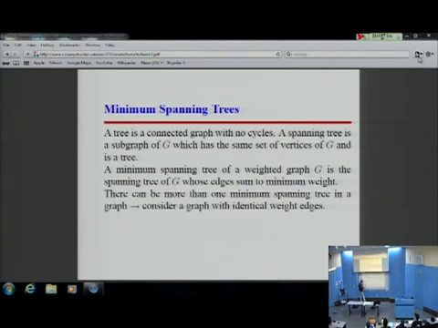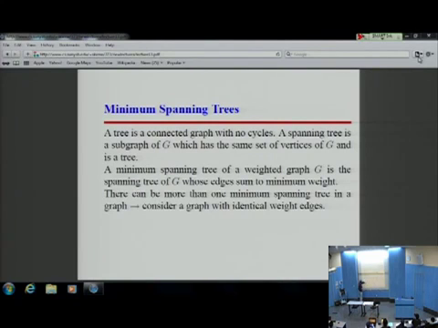So if we give you a graph here, here's a graph, here are some edges, what is a spanning tree of this graph? Any subset of edges which form a tree connecting all the vertices would be a spanning tree.